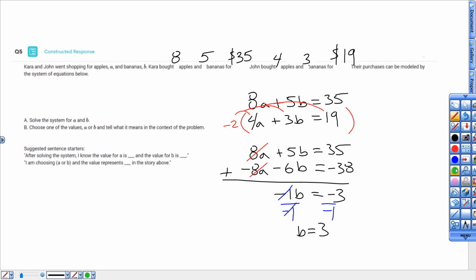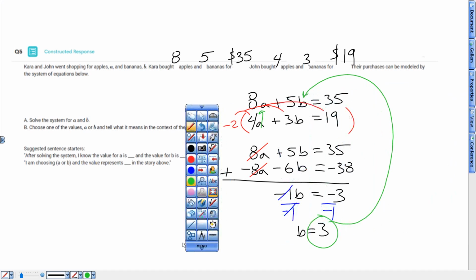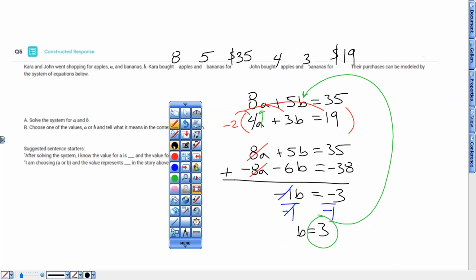And then I'm going to take that b number and I'm going to substitute it back in and solve for this a right here. So here I go. I got 8a plus 5. I'm going to plug in that b number, which is 3. Then I got equal 35. That gives me 8a plus 15 equal 35.